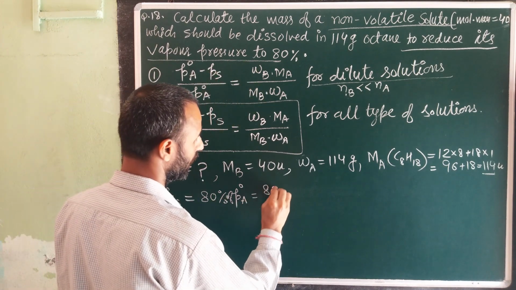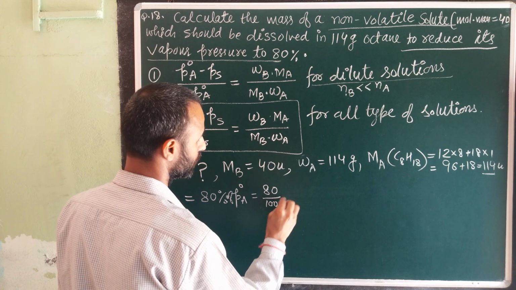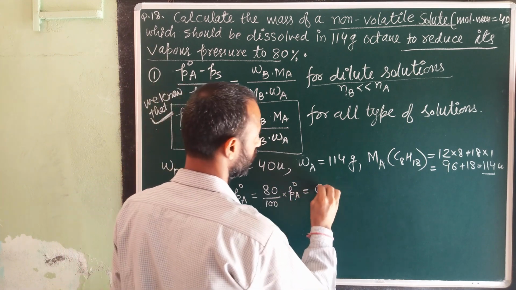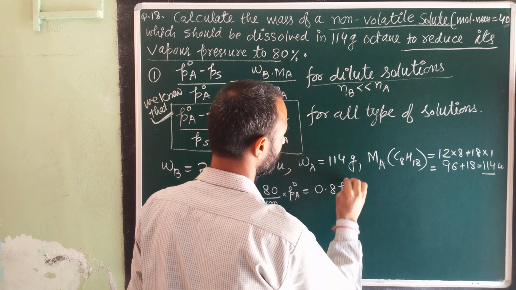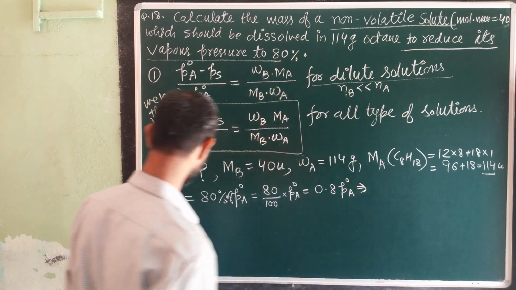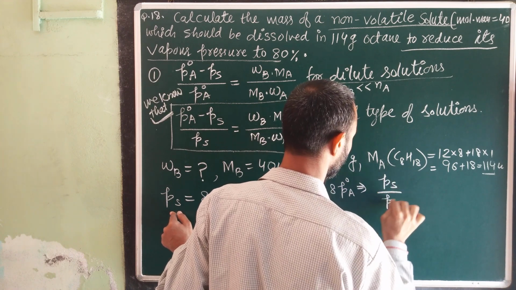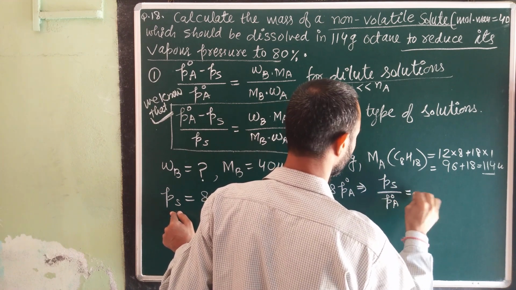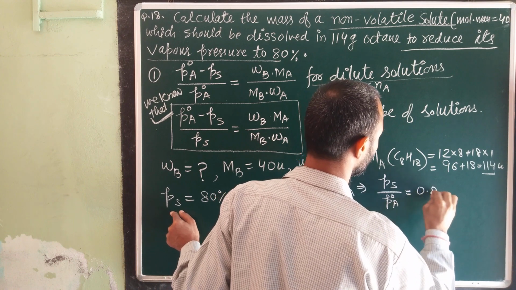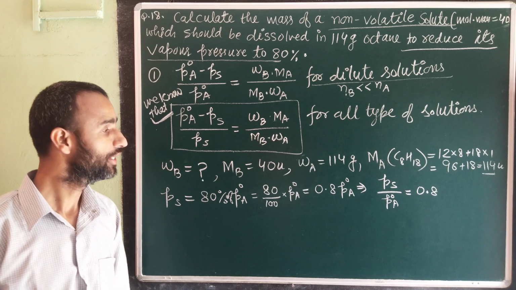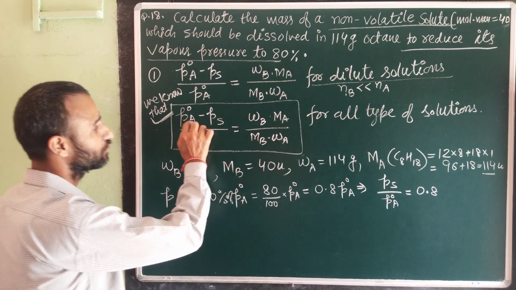So it is 0.8 into P naught A, or we can say that PS over P naught A is equal to 0.8. That's it.